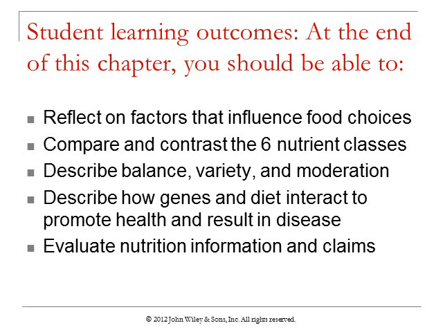At the beginning of each chapter, you're going to see learning outcomes, and this just gives you a broad overview of what we're going to be covering. So we'll talk a little bit about what makes you pick what you eat. We'll talk about the 6 different classes of nutrients. We'll talk about the principles of balance, variety, and moderation.